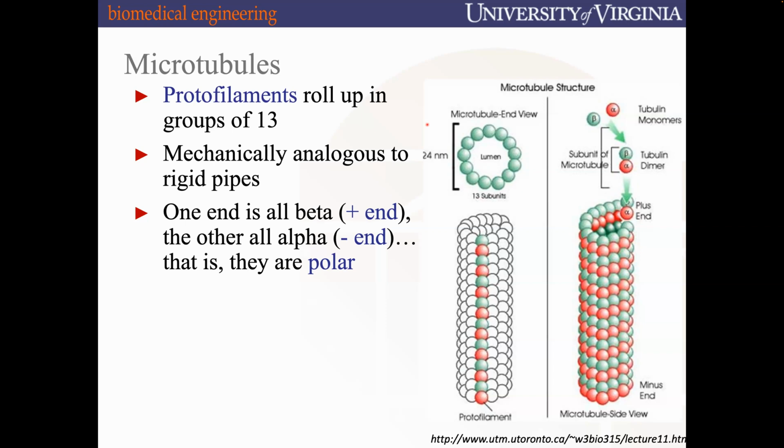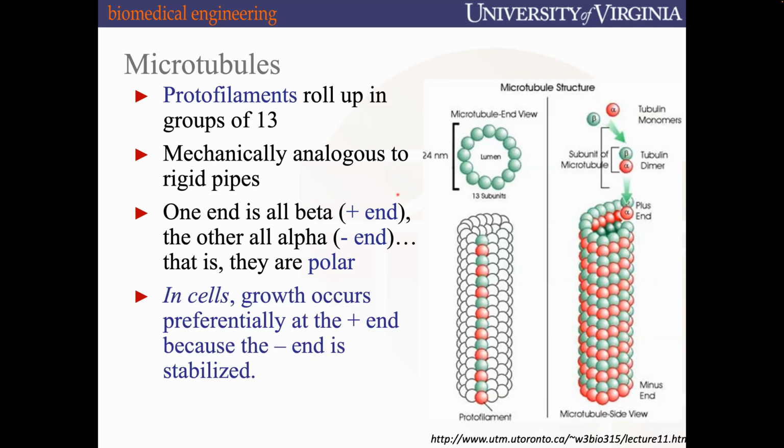This nomenclature is fairly arbitrary, but we can remember the plus end because this is also generally the end that the microtubules are growing at. These microtubules can grow at either end, but in cells, this occurs preferentially at the plus end, which refers to where the beta portion of this tubulin dimer is exposed.